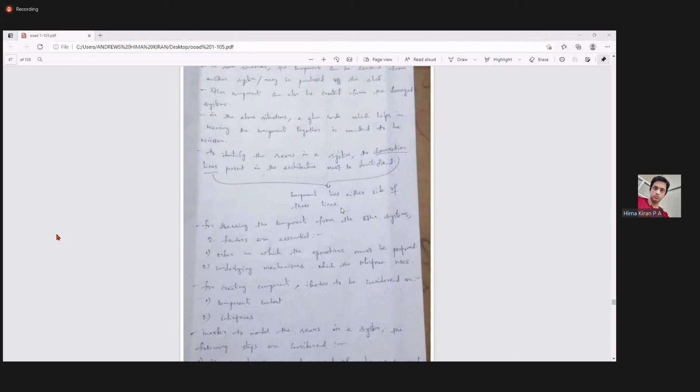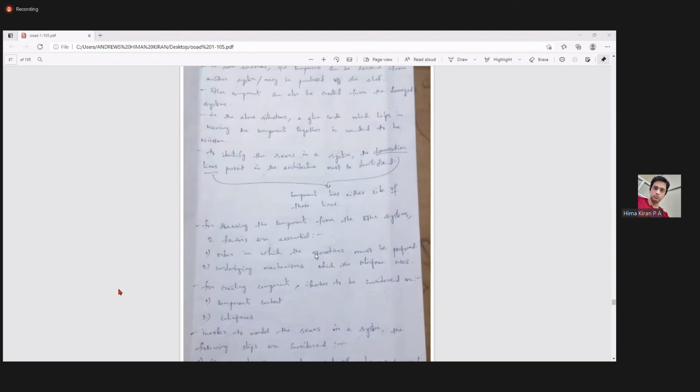Benchmark is nothing but some minimum standards we need to follow. Those standards in this Unified Modeling Language can be represented by this word, demarcation line, which is nothing but a benchmark.